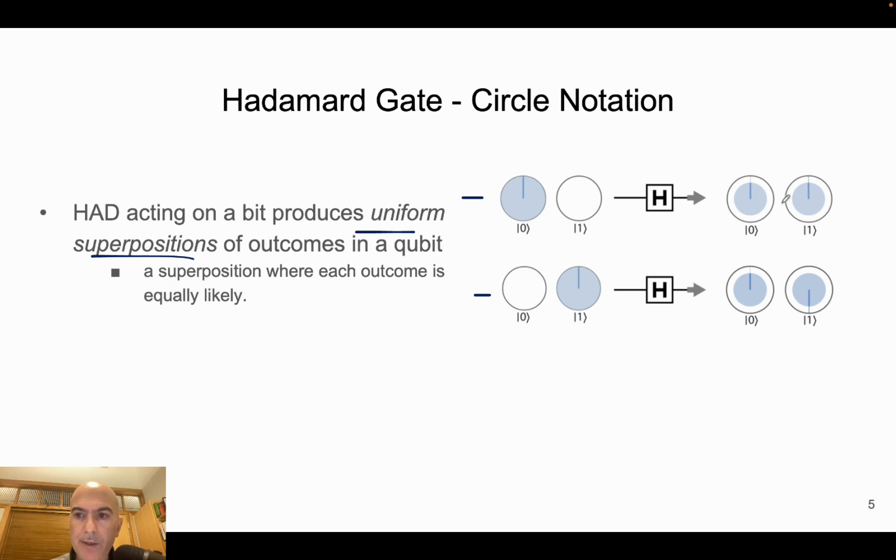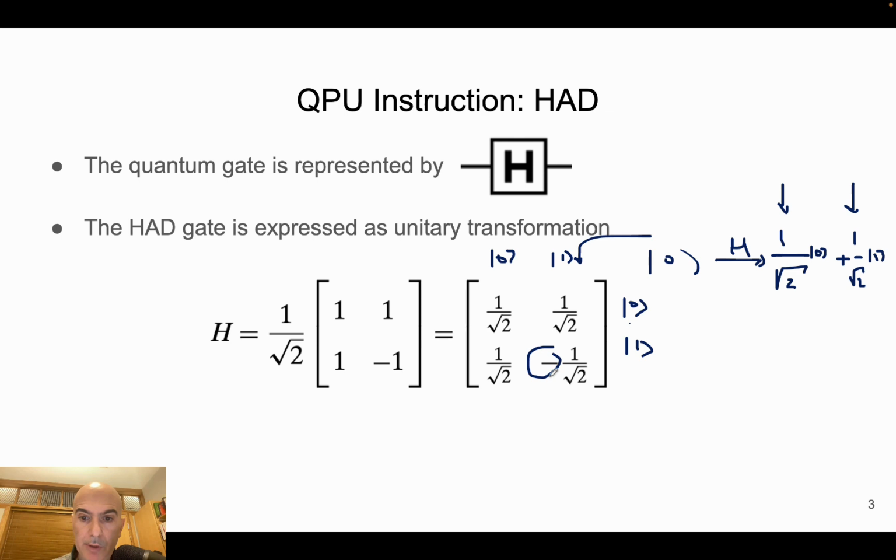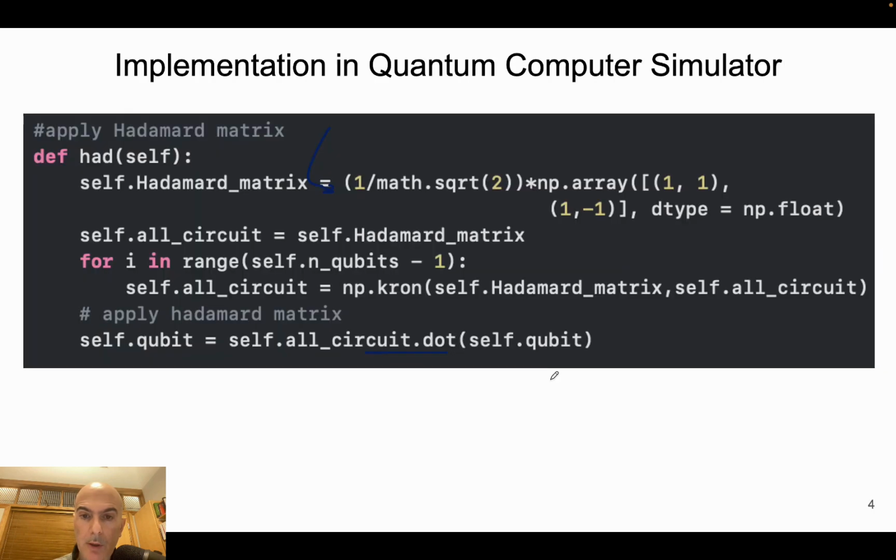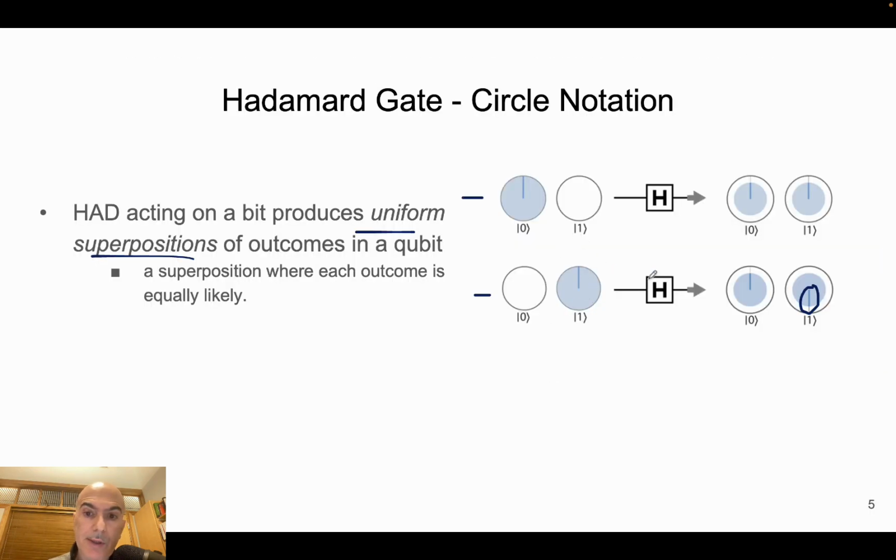So you see the areas here are actually the same when we start from state 0 or state 1. The only difference is here on the phase, and this is the difference we saw on this sign here. There is also this asymmetry in the circle notation. When we start from state 1 and we apply the Hadamard gate, we will have a relative phase of 180.